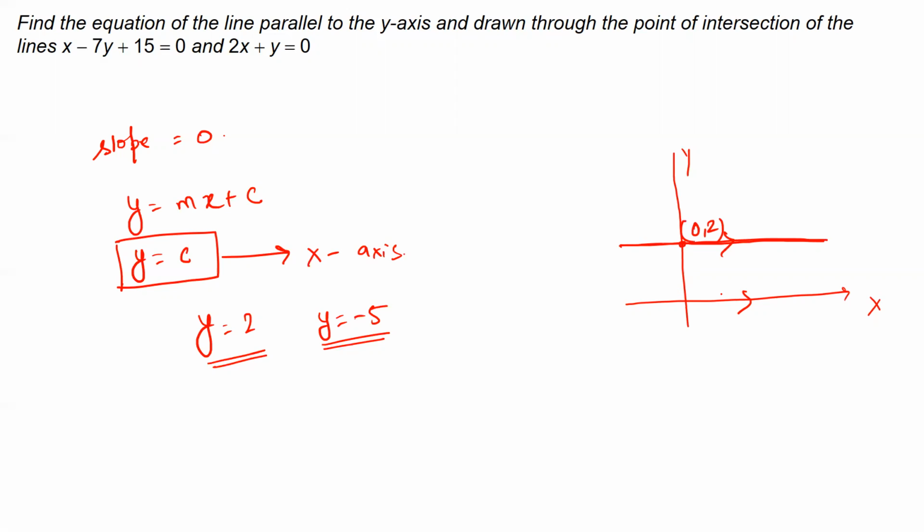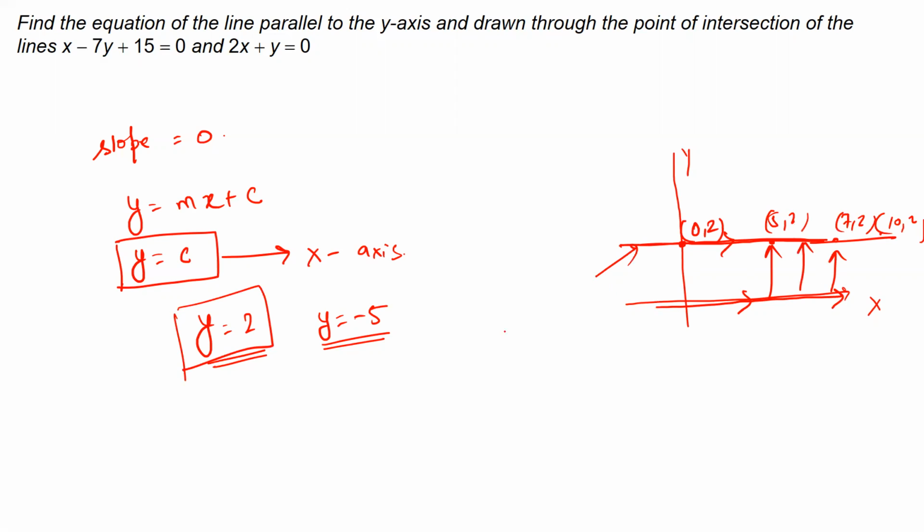For any point, if you take this point, it will be something like (5, 2). If you go further ahead in the x direction, you will get something like (7, 2), then here (10, 2). So the x coordinate keeps on changing, but the y coordinate always remains fixed at 2. That is why y is equal to 2 is the equation of this line.